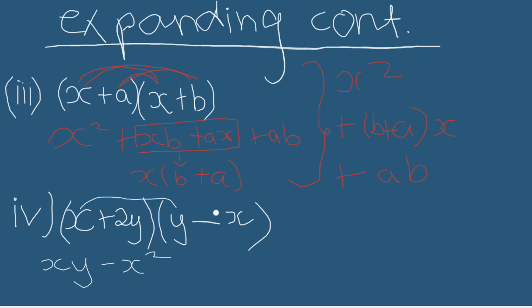Never forget the sign in front of your variables. 2y times y becomes plus 2y squared. And 2y times x becomes plus 2y times minus x.